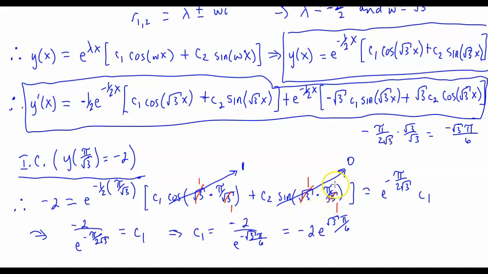And I'm just trying to make sure I didn't miss any signs here. I may have, let's see. Yeah, I'm just trying to double check the work just to make sure I got everything here. Oh, yeah, I did miss a sign. So here, cosine of pi is -1.